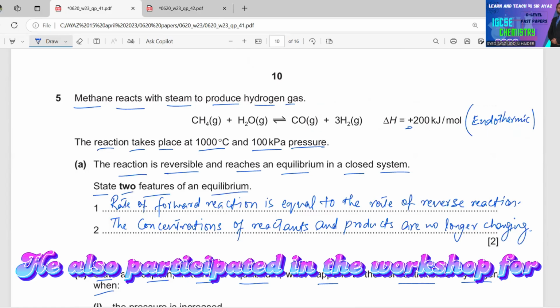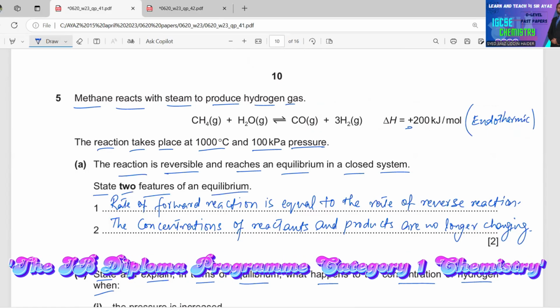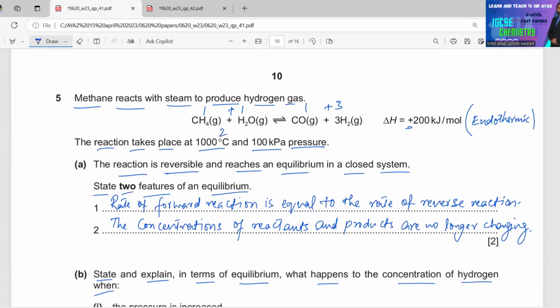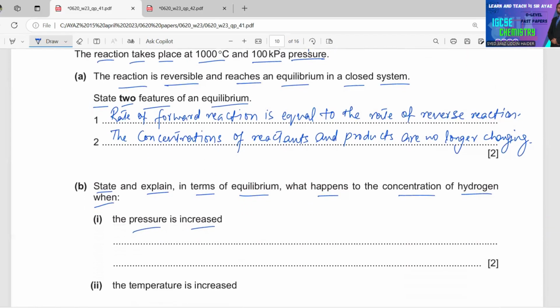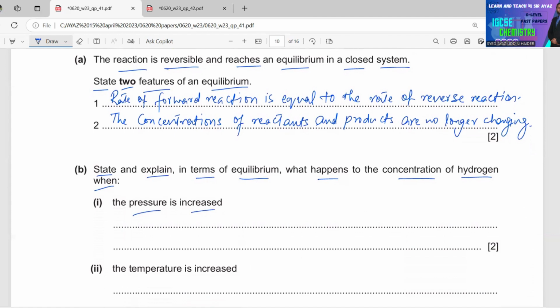On the reactant side, it's 1 plus 1, and the product side 1 plus 3. So on the reactant side, it's 2 moles, which gives 3 plus 1, 4 moles. So which means the concentration of H2 must decrease. So you write concentration decreases.